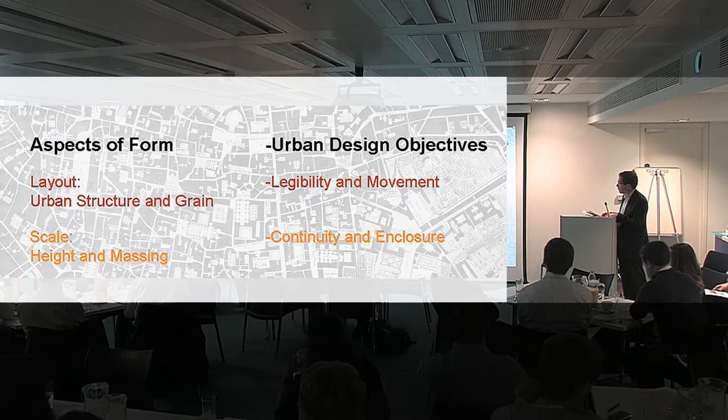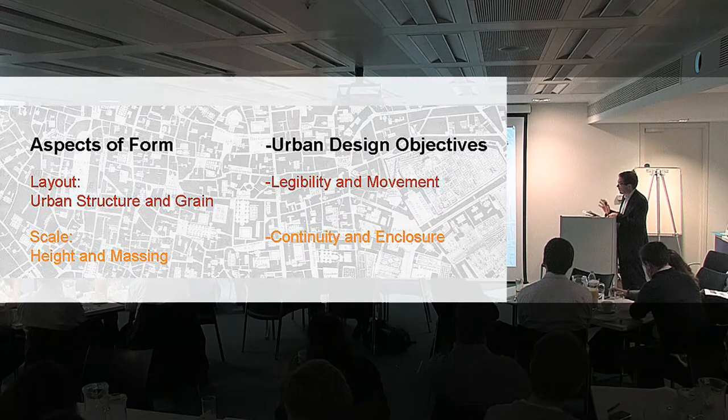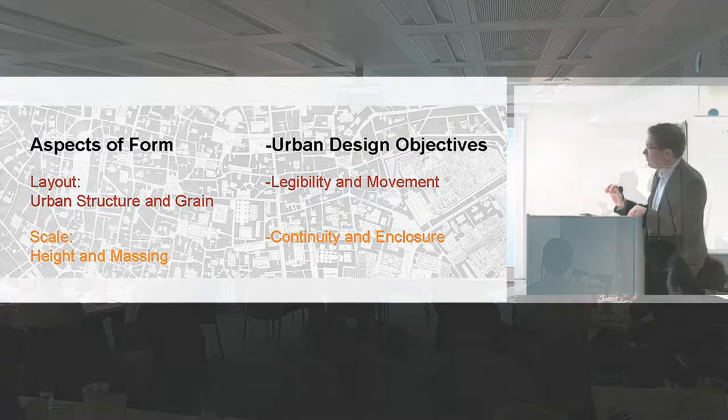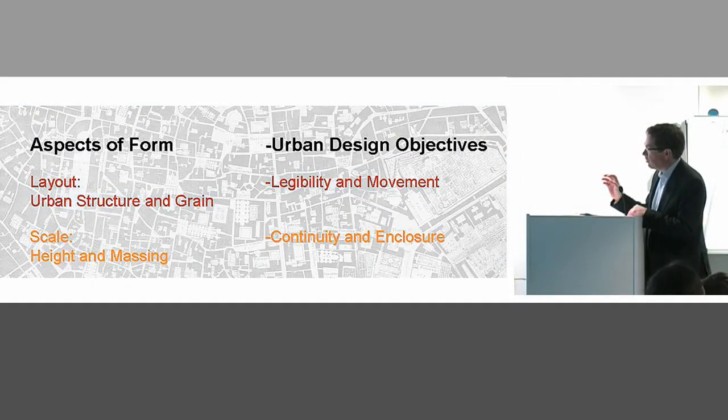Most buildings are there for quite a long time. And the aspect of form that relates to is the scale of buildings, the height and the massing. And we all know that how high buildings are is something that gets fretted over by the planners endlessly compared with other aspects of buildings. But the height and massing actually have a strong influence on our sense of enclosure in a place.